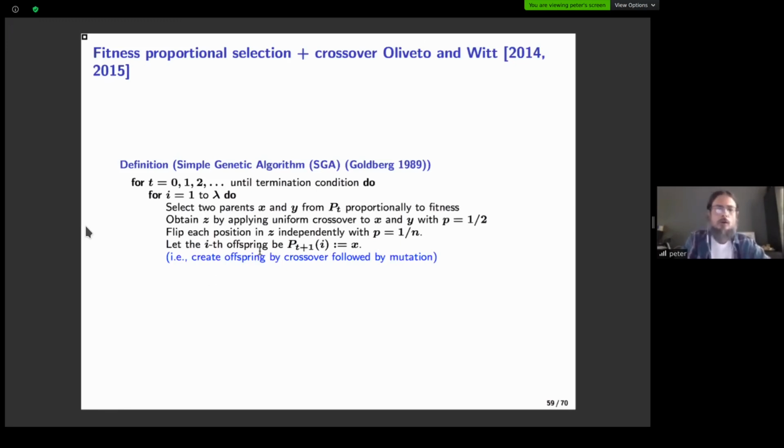Once lambda new offspring are created by this procedure, the new population replaces the previous one. We want to show that this algorithm cannot even optimize the simple OneMax function that Kristian introduced earlier. The function just returns the number of 1 bits in the bit string.